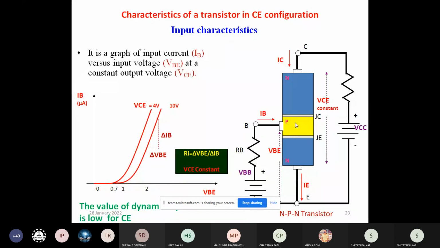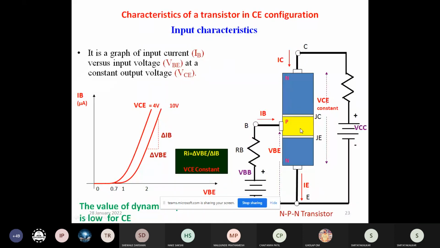The electrons in the N region move to the right side, into the P region, and combine with holes, and this creates a positive charge in the hole region. Some holes also move and combine with electrons in the N region and create a positive charge.